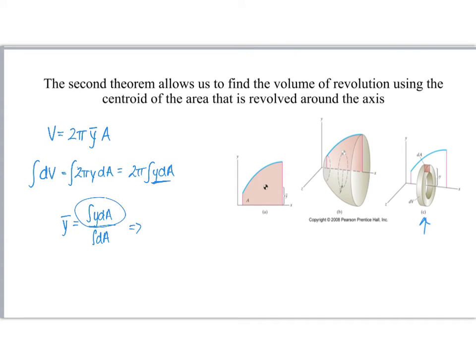And so if we rearrange this, we can say that another way to write our integral could just be y bar times A. And so we can say that the volume could be calculated as 2 pi with the y centroid of the area times the area itself. All right? And so again, these are just ways that we can calculate these values, volume or area, using centroids.